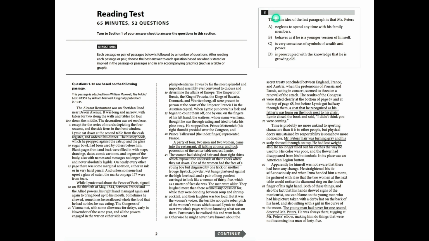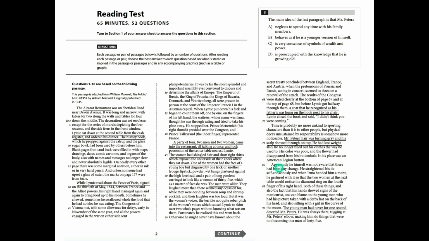Question 8. The main idea of the last paragraph is that Mr. Peters, well, we're just going to ignore the word main and read the idea of the last paragraph is that Mr. Peters. So we're looking at the last paragraph here, lines 80 to 93 or so.